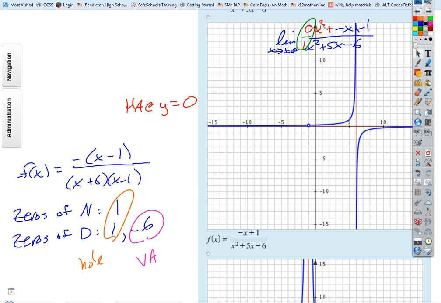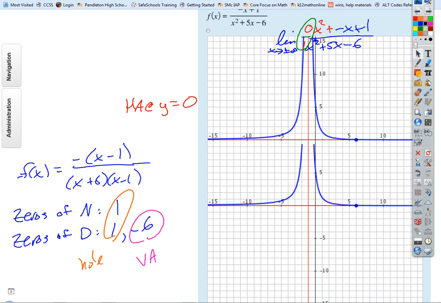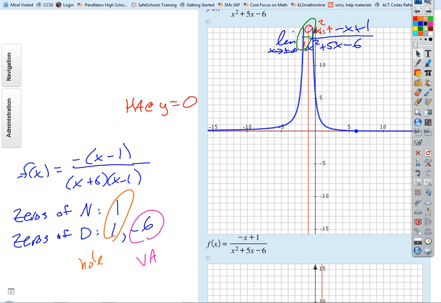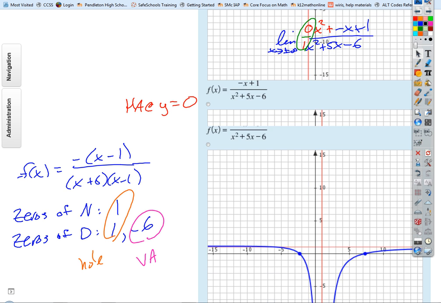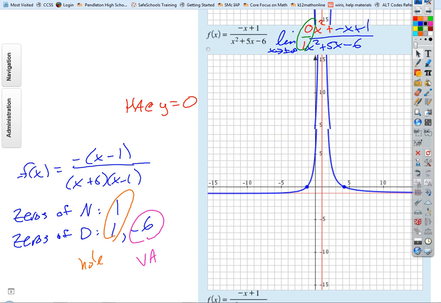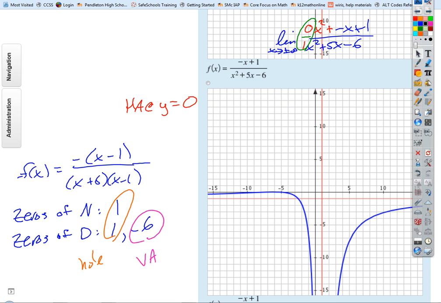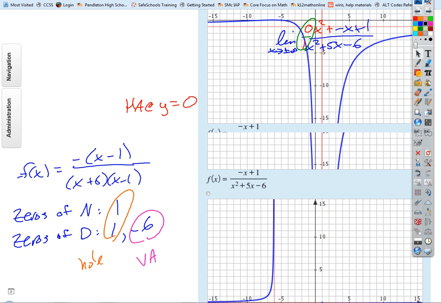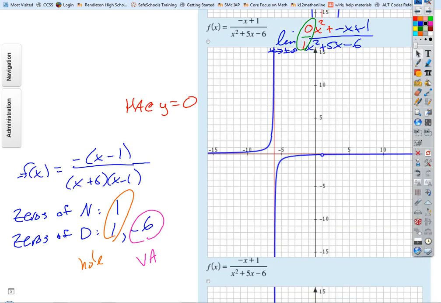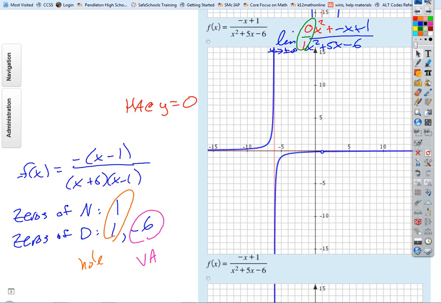So we need a horizontal asymptote. Okay, so that's looking pretty good there, isn't it? That checks all the boxes so far. We got a vertical asymptote at -6, a horizontal asymptote at 0, a hole at +1, right?